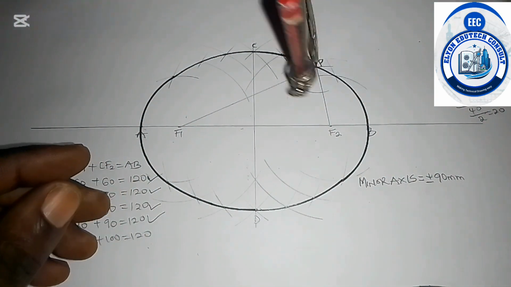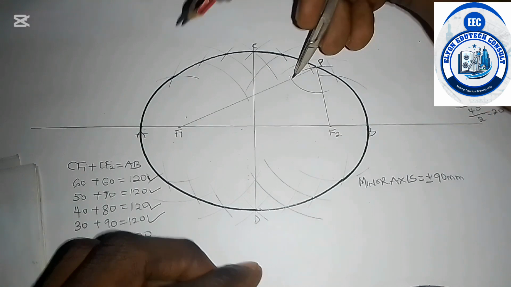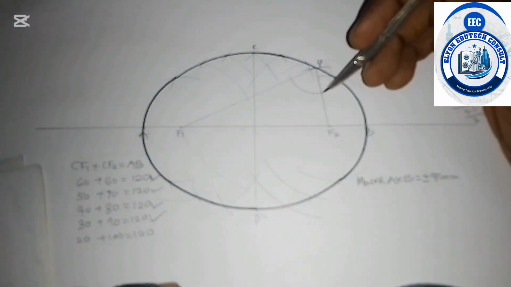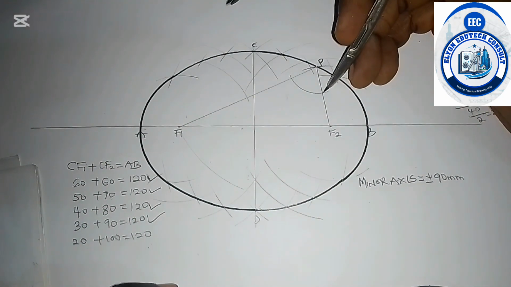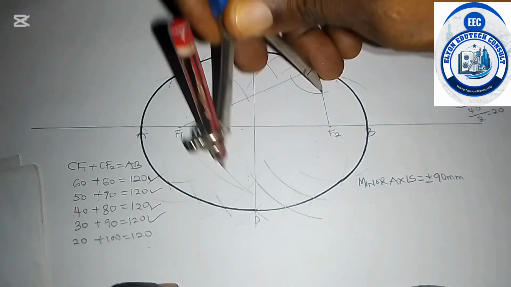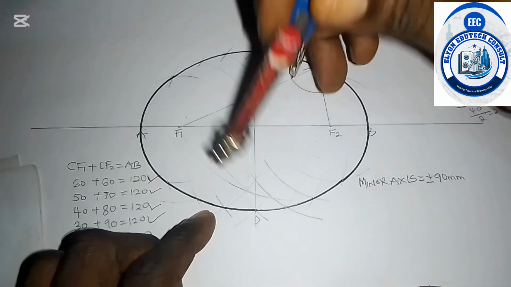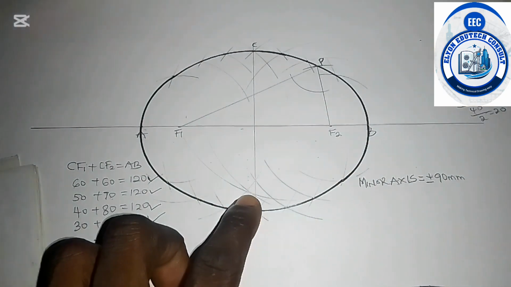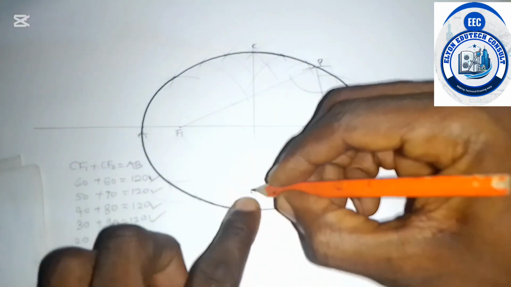You just come this way, draw this arc, stretch your compass, needle on this point, strike an arc, then needle on this particular part, draw an intersecting arc. The arc is not intersecting, so I have to extend the first one I have drawn this way, then come this way. If you have too many arcs, please take note, let your eyes be on the point of intersection. So this is the point of intersection.